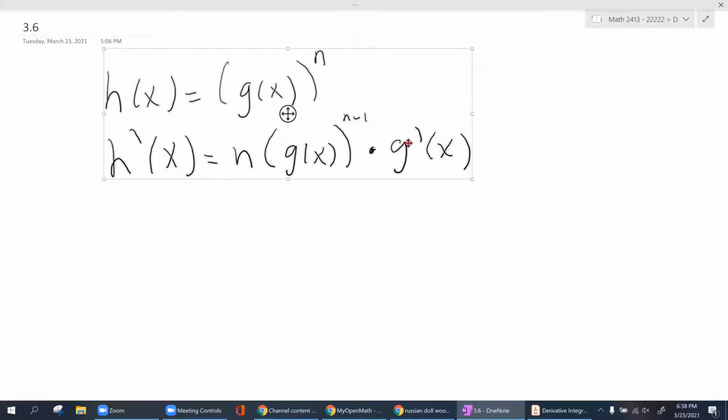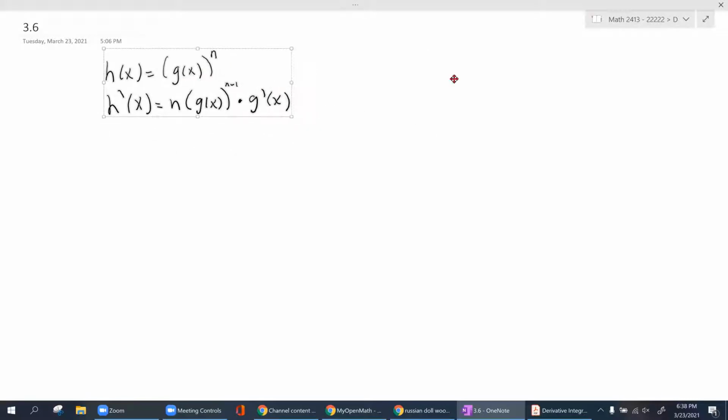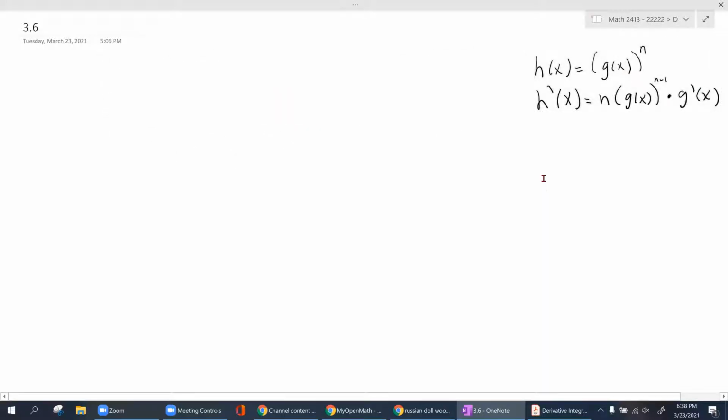What am I talking about? The first example I'm going to look at is a function that looks like this.